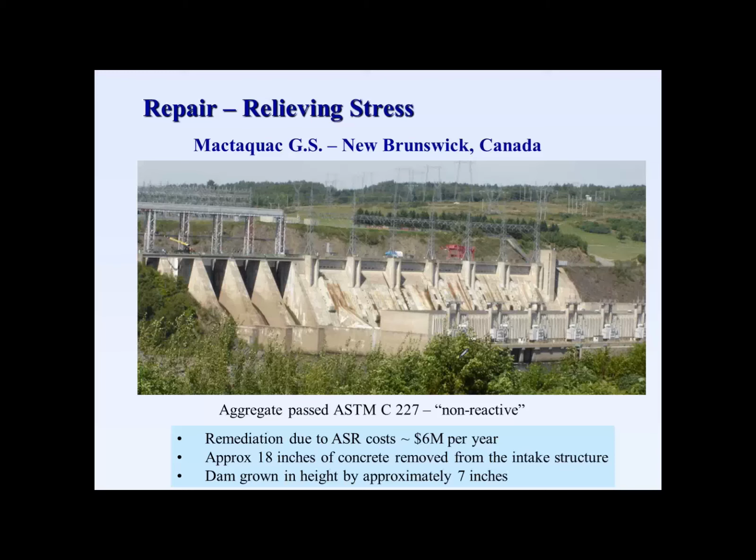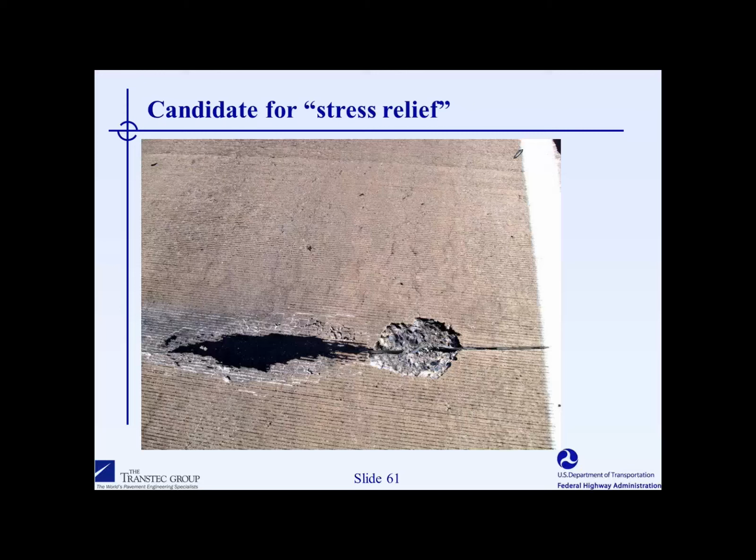This here shows the diamond wire that goes through the dam, and this is actually currently being done on various dams worldwide. You're not alleviating ASR. All you're doing is alleviating the stresses that are caused and hoping to restore some of the operational capabilities to the dam itself. Now, when we look at pavements and other transportation infrastructure, one technique that's often done is when you have a joint like you see here that's significantly deteriorated.